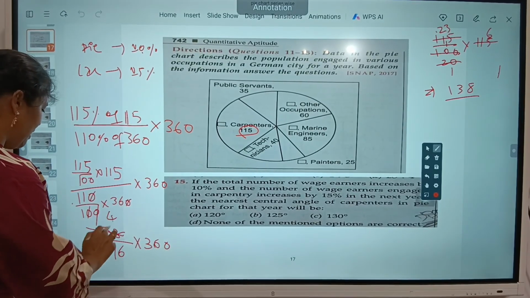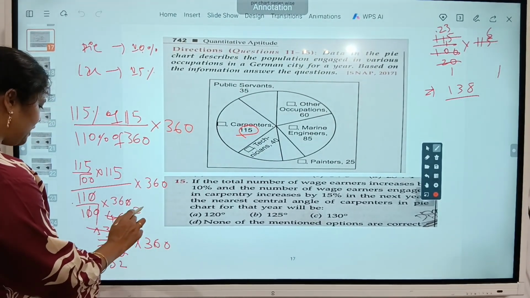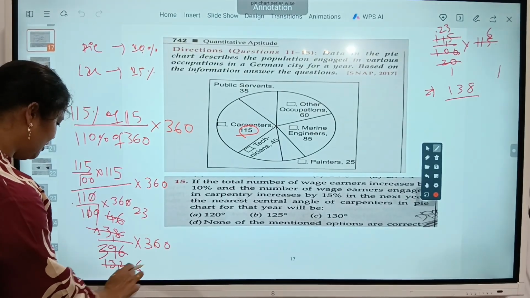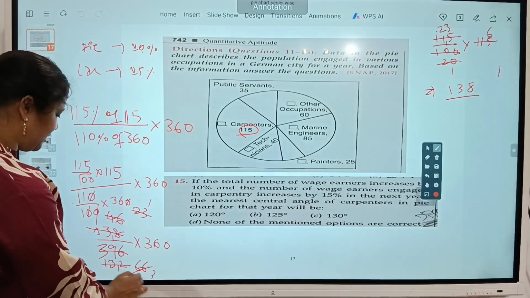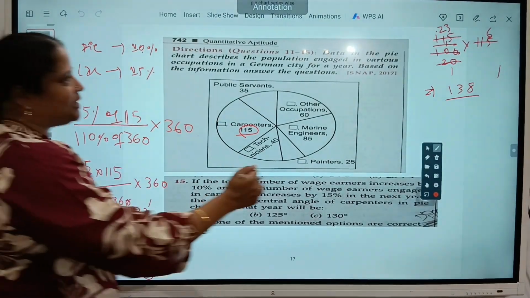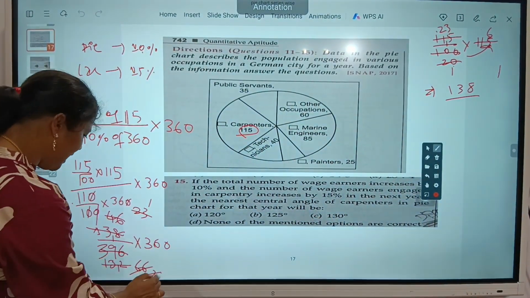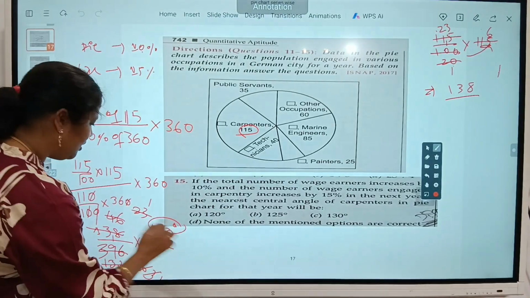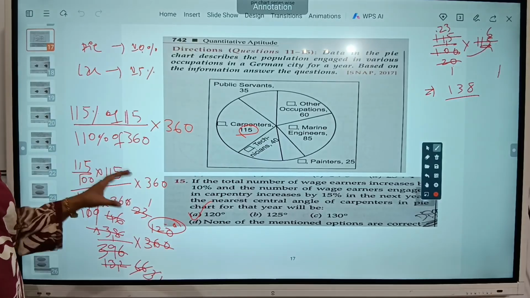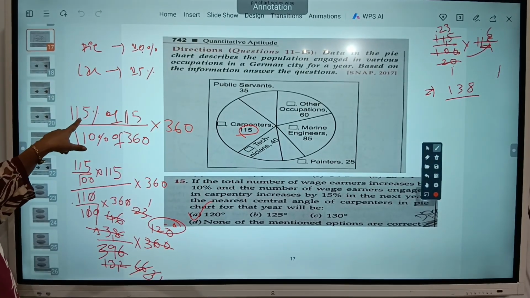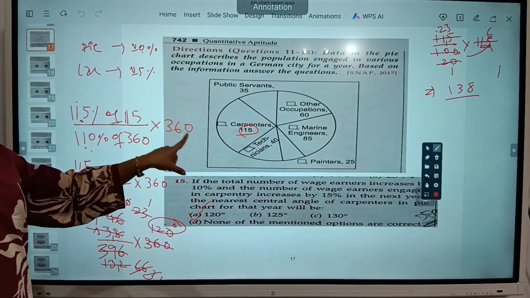Here we took an approximate value. So the answer will be 120 degrees. They told how much increase, that much we have to add to 100. That much we have to take, and the entire proportion we have to multiply with 360, then we will get the answer.